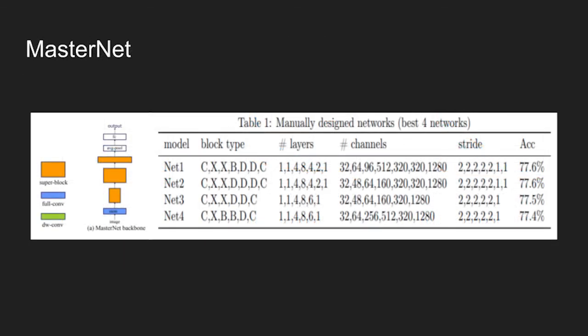Based on the findings that low-level layers should use XX block and high-level layers should use bottleneck or depthwise blocks, the authors of the paper designed a network called MasterNet. First, the authors designed 20 networks to obtain good initial structure. All the networks were designed to have latency around 0.34 milliseconds per image at batch size 64.